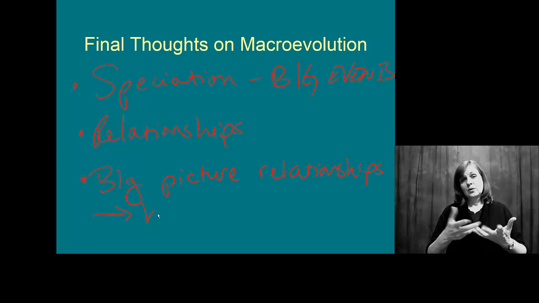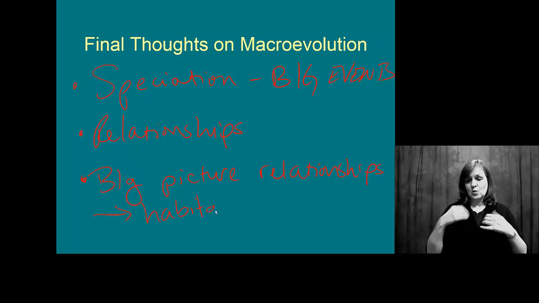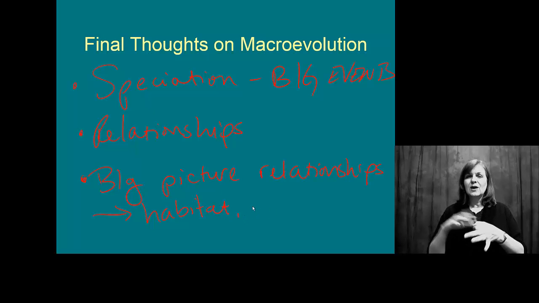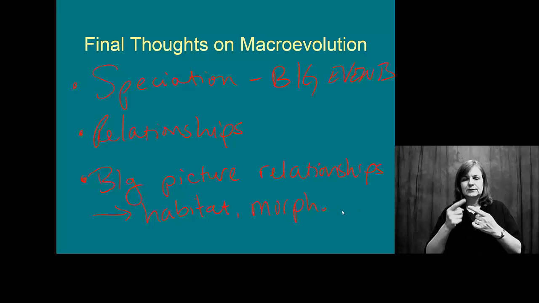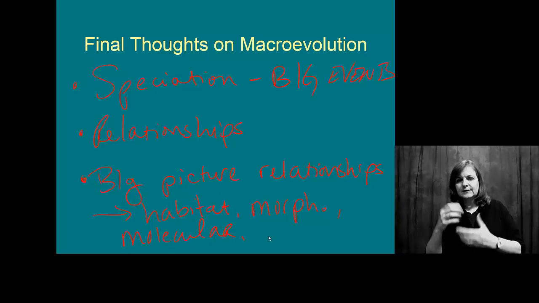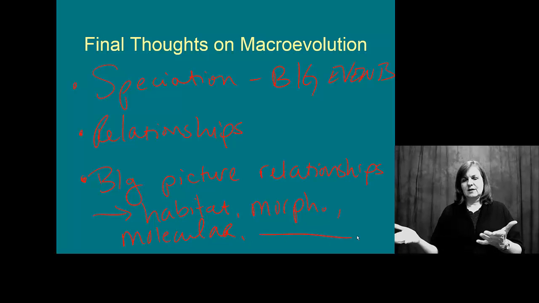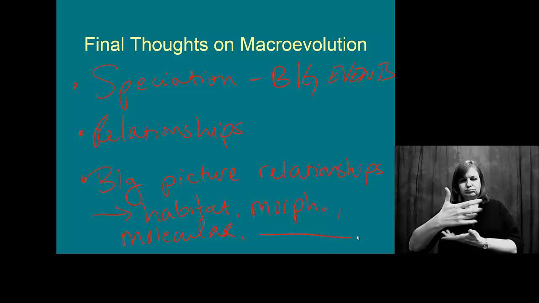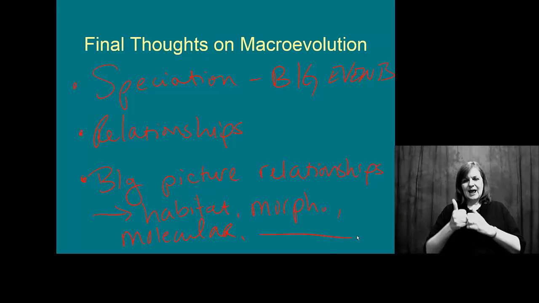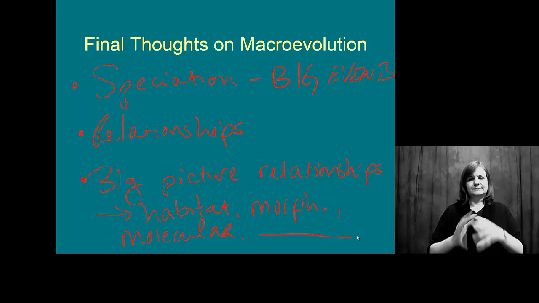So when we really want to understand how things are related, we have to take into account more than just one particular thing. You'd have to take into account habitat, morphology, molecular data, everything that's available to you to really understand how organisms are related to the best of our ability currently.